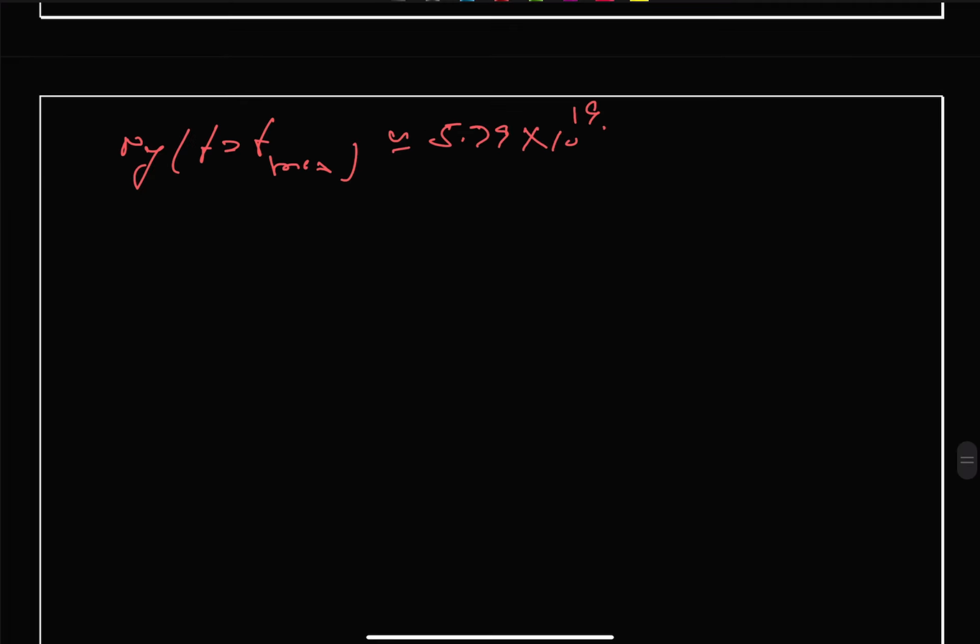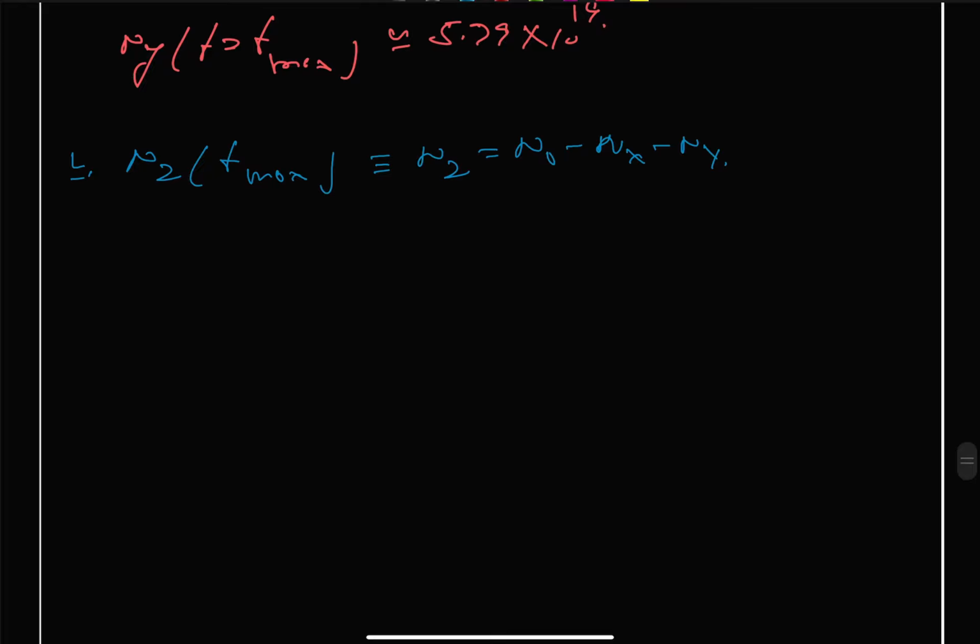Similarly, we are going to find out our nz. So we have our nz at t max, which gives us nz is equal to n naught minus nx minus ny. All values are known to us.